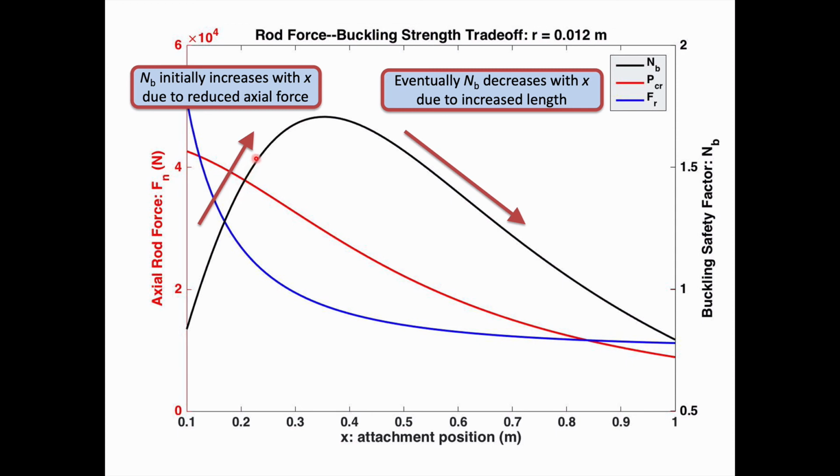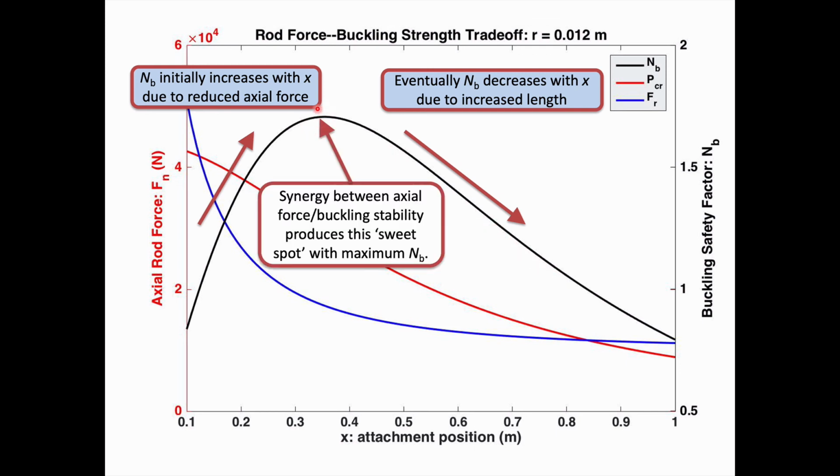But eventually, as we move to larger values of x, the buckling safety factor decreases because we're increasing the length. This critical load keeps going down, and eventually it goes down low enough that the safety factor for buckling is going back down.